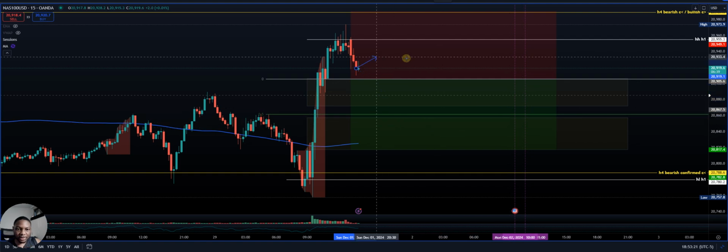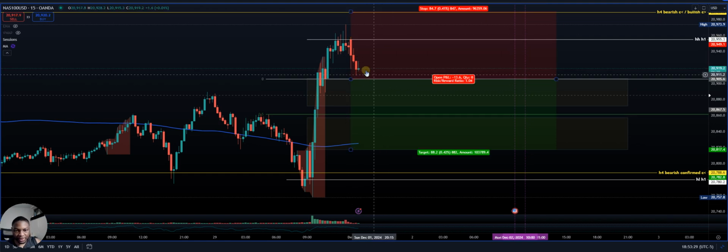The reason why you see this other trade right here is because you can actually take another sell position, right? So we're anticipating for price action to move below this level, so we can actually take a sell trade.